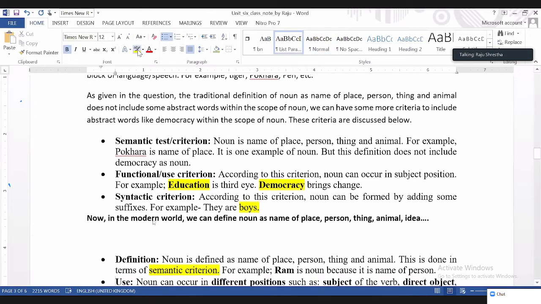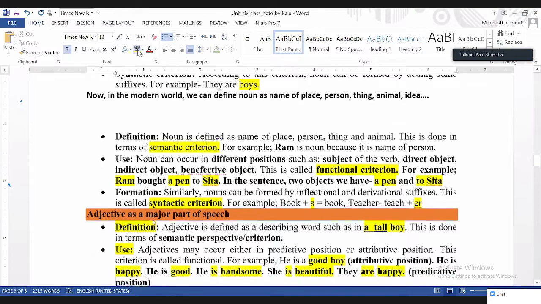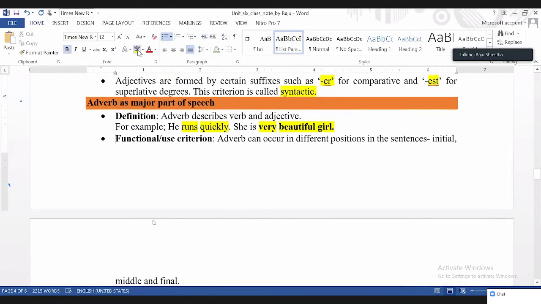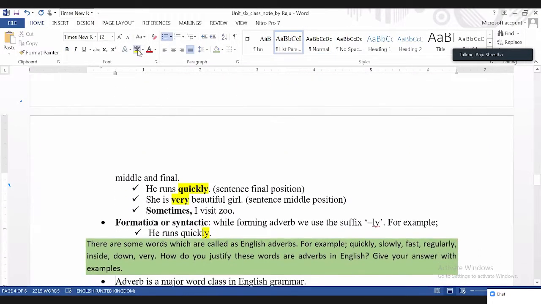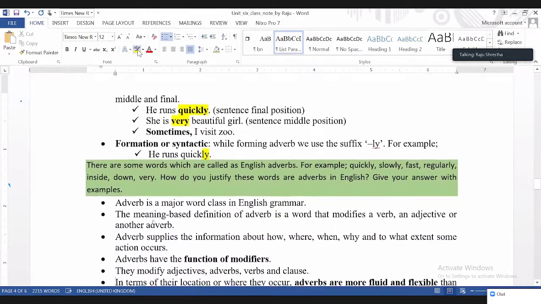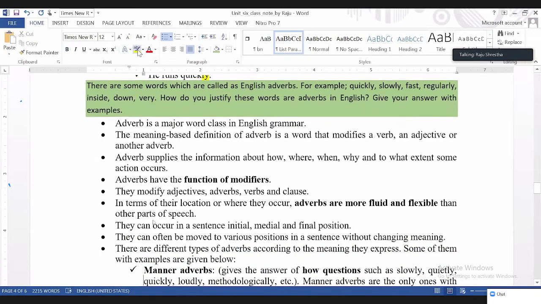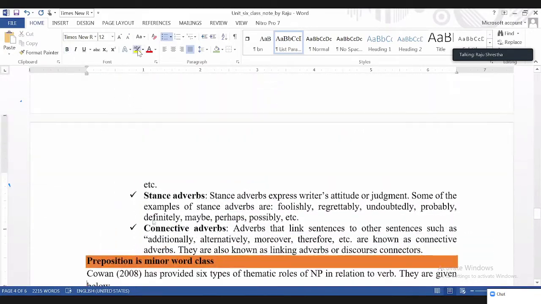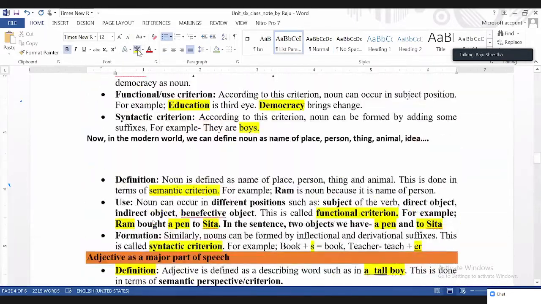In this way we discuss noun, it's fine, and then the types of noun. You see adjectives in this way: look at all three definitions, all three criteria. Adverb, look through all three criteria; verb too; preposition too. Now when we go to adverb, one question can be asked here.